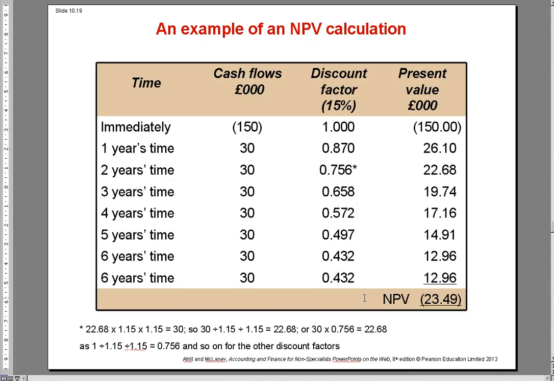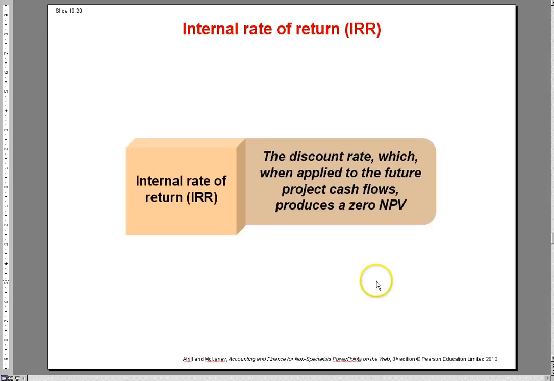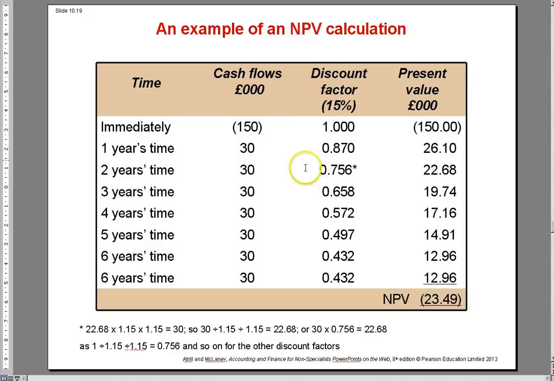So we want something that's a little more portable, and one way is simply to work out the interest rate, in other words vary this figure so that this figure is 0. So it kind of measures the maximum interest rate we can charge without the project having a negative net present value. So the maximum we can charge is when that goes to 0.